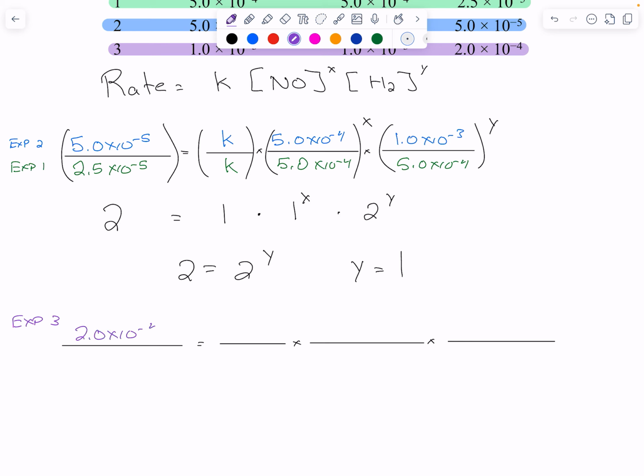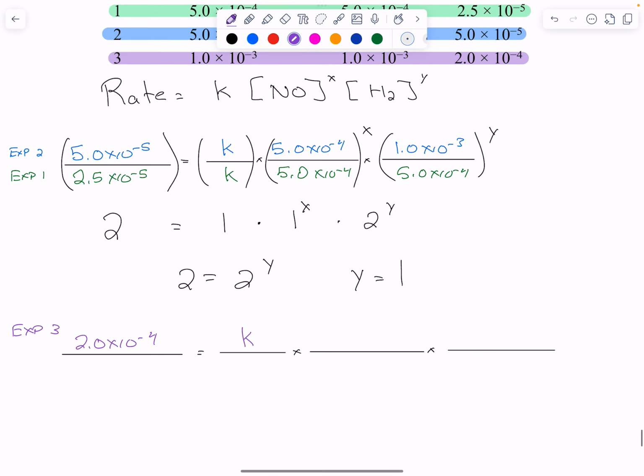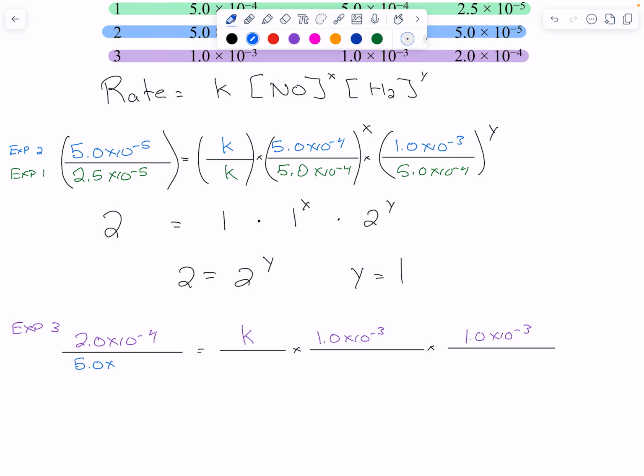K is K. Our concentration of NO is 1 times 10 to the negative third. Our concentration of hydrogen is also 1.0 times 10 to the negative third. And then in blue for reaction 2, our rate is 5.0 times 10 to the negative fifth.